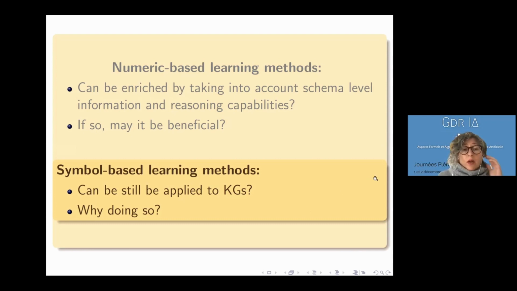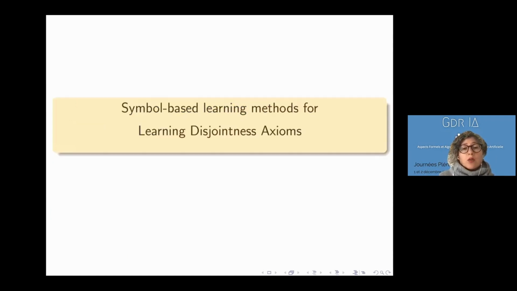Actually, several symbol-based learning methods have been developed, targeting different problems, for instance, concept learning, but also inductive instance retrieval. Here, I'm going to focus on a specific problem, which is learning disjointness axioms.